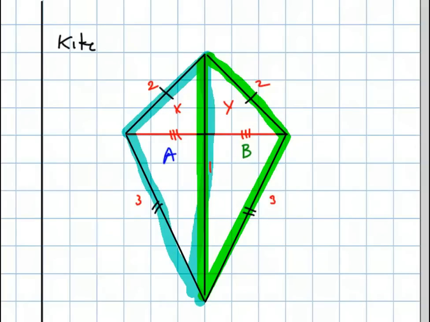Having established that the heights of triangles A and B are the same, let's look at triangles X and Y. Let's get rid of these facts about triangles A and B. Triangles X and Y. They have this length in common, so they have a length the same. That's one fact. These are the same, by definition of it being a kite. And we've just shown, because triangles A and B are the same, that these lengths here are the same. Therefore, we've shown triangles X and Y have 3 facts in common, so they are congruent.